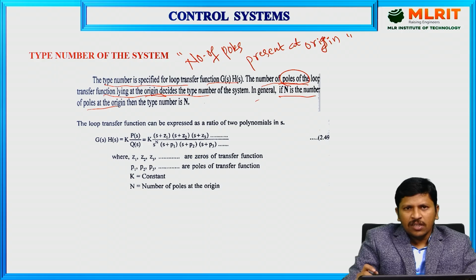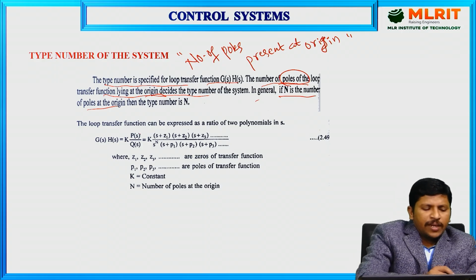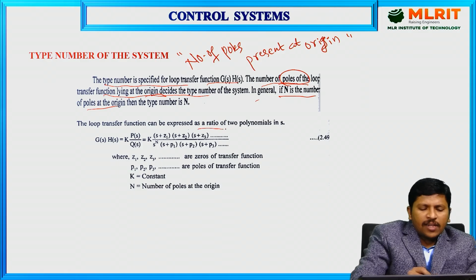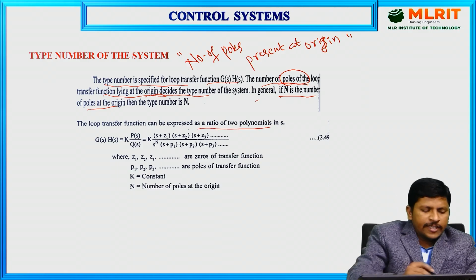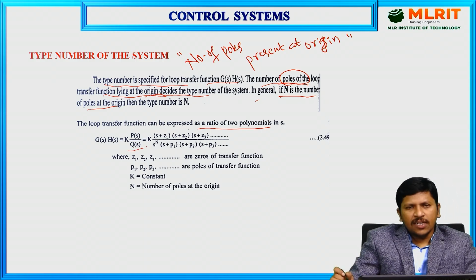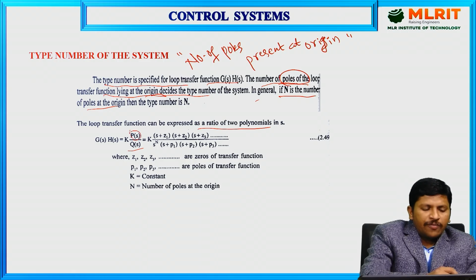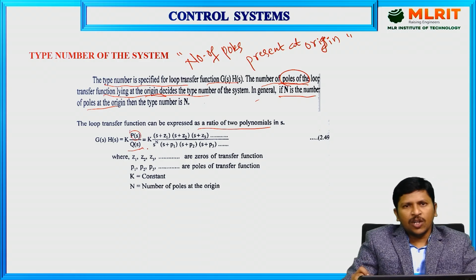Now I am going to consider the polynomial equation. Observe that the loop transfer function can be expressed as a ratio of two polynomials, P(s) by Q(s), where K is a constant. P(s) is the numerator polynomial and Q(s) is the denominator polynomial.